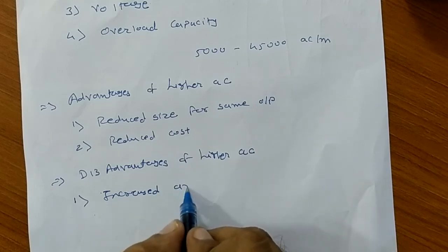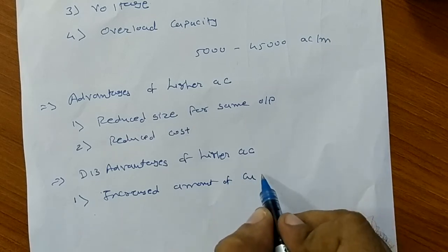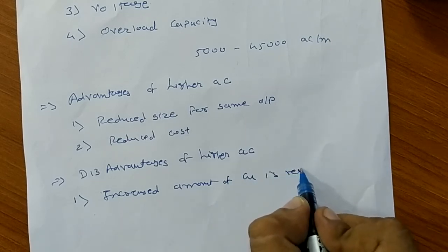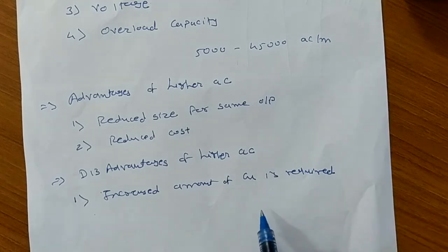As AC is high, maybe if we take two parts of AC, the ampere will be high or the number of conductors will be high. So in both cases your AC is going to be high.